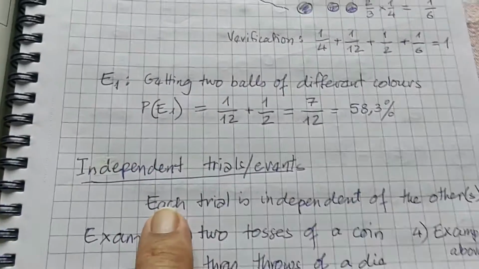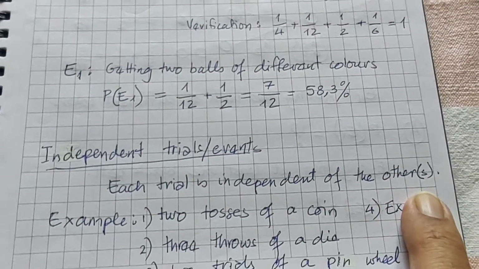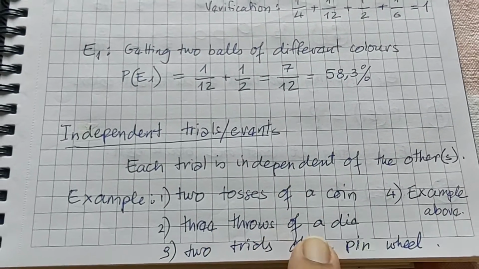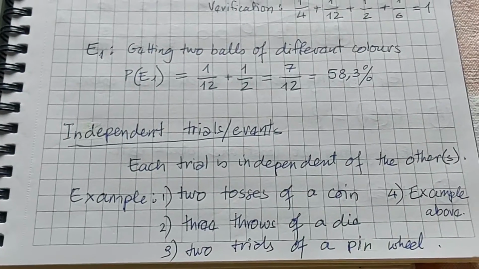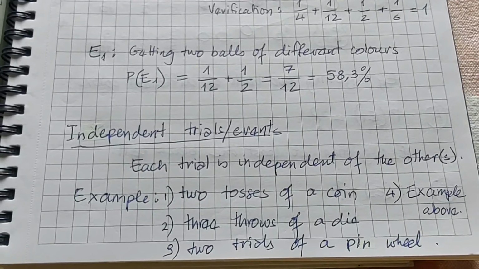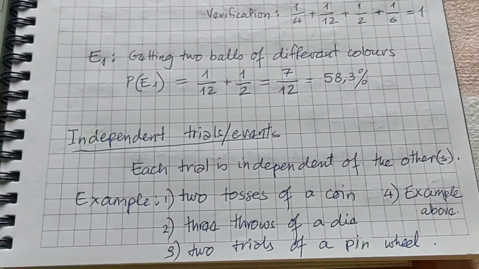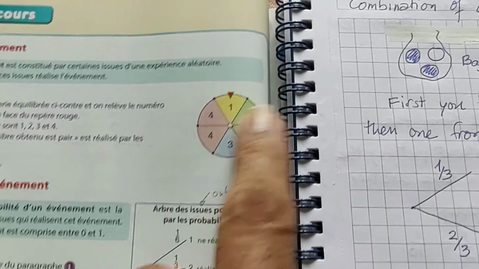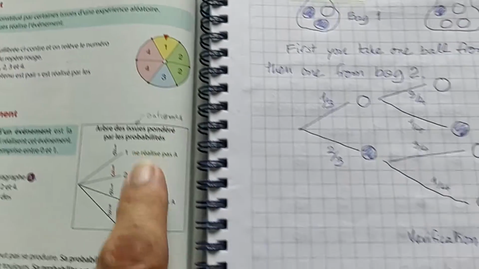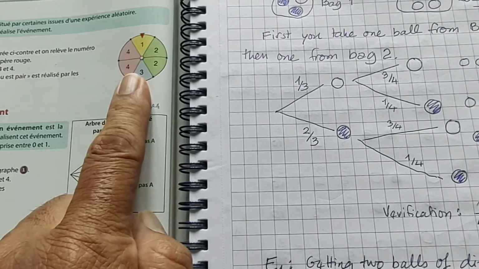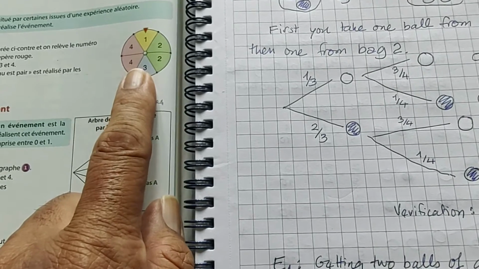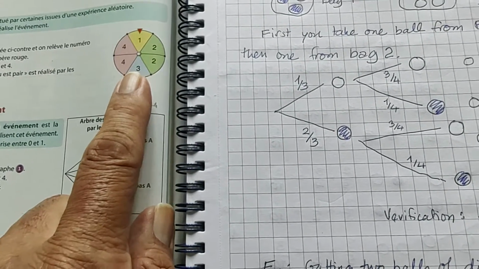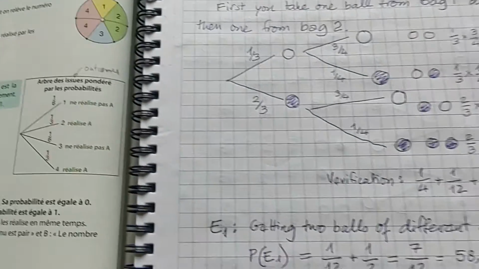So each trial is independent of the others. Example: 2 tosses of a coin, 3 throws of a die, each time you throw it, you have a 1 in 6 chance of getting any particular number. Two trials of a pinwheel, I call this a pinwheel, with the pin in the center. If we rotate it, the fifth time we do this, it is independent of what has happened the 4 previous times.